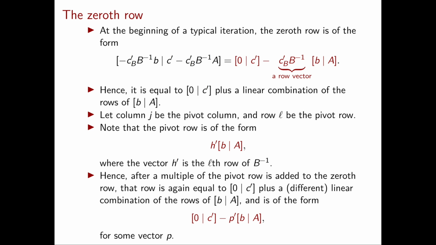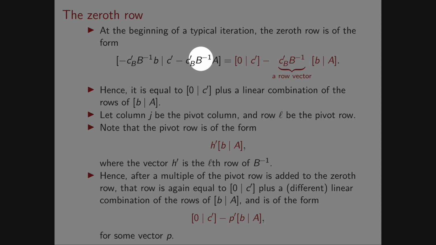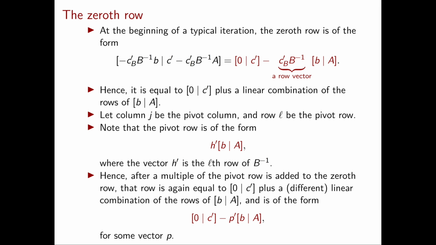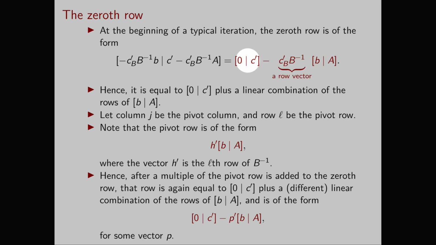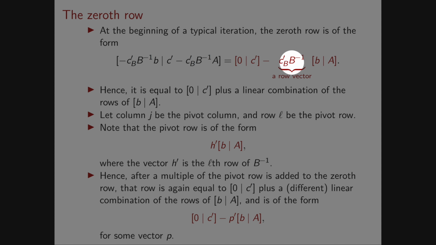You can immediately see that minus CB transpose B inverse appears in all columns of this vector. So we can factor it out and write this row vector as 0 C transpose minus CB transpose B inverse times [b A].